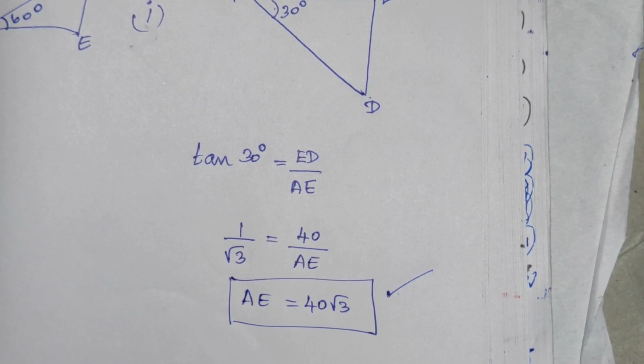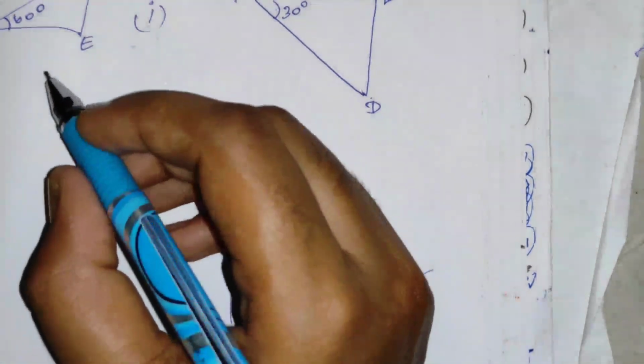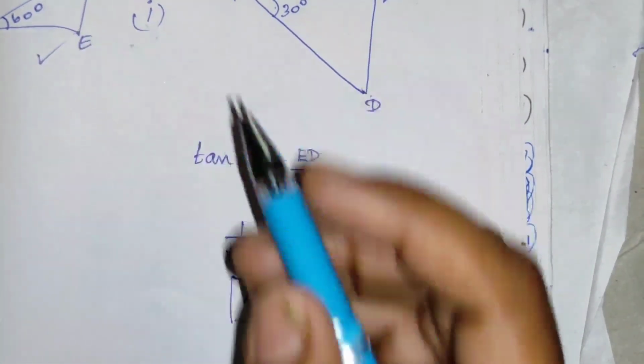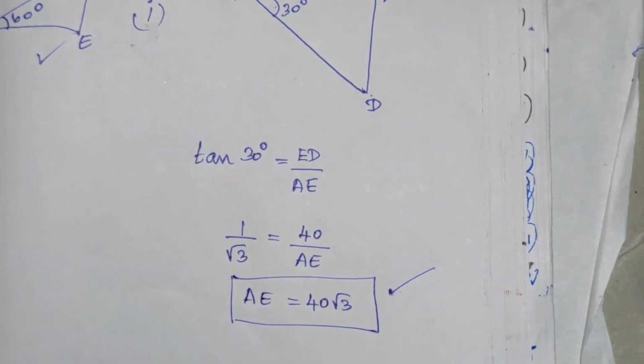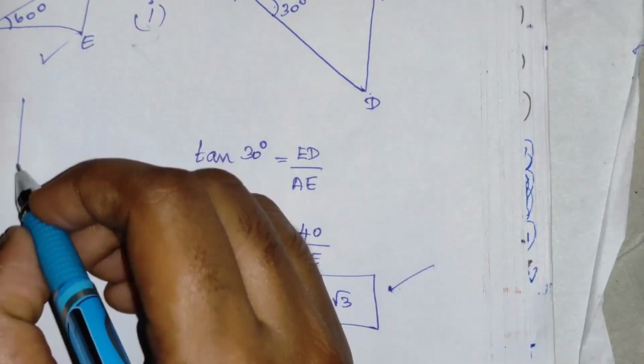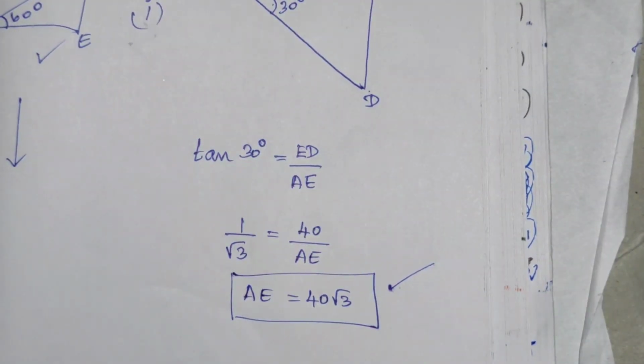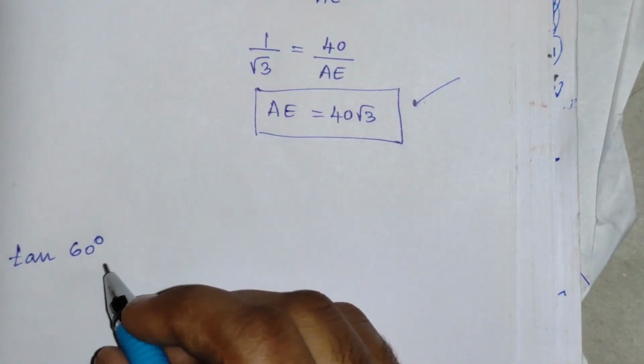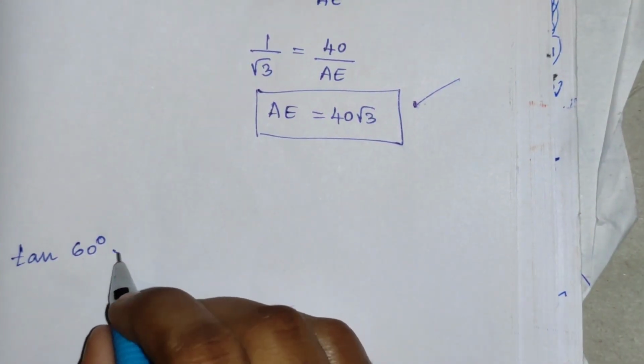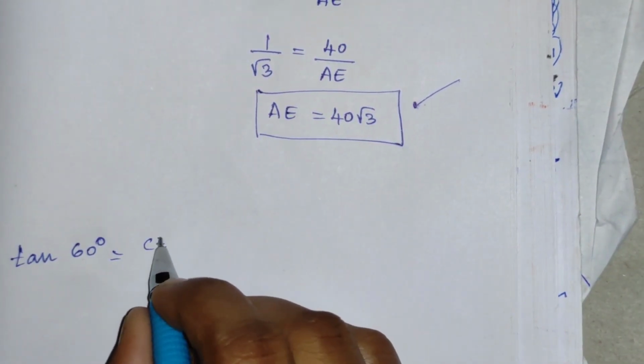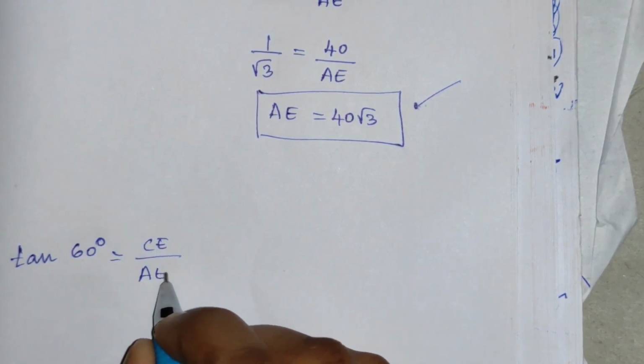So now consider this. Tan 60 degrees is equal to opposite CE by adjacent AE.